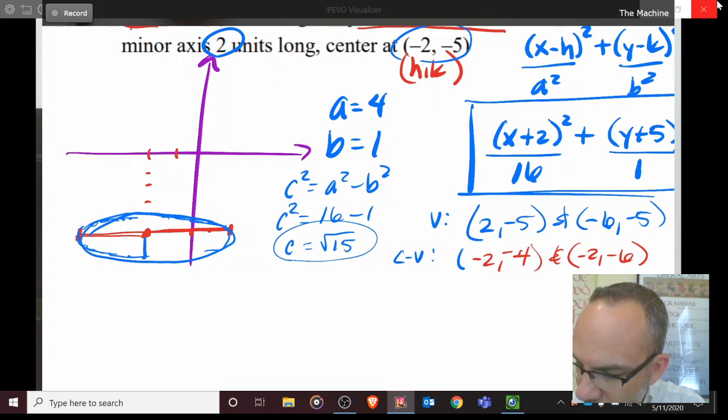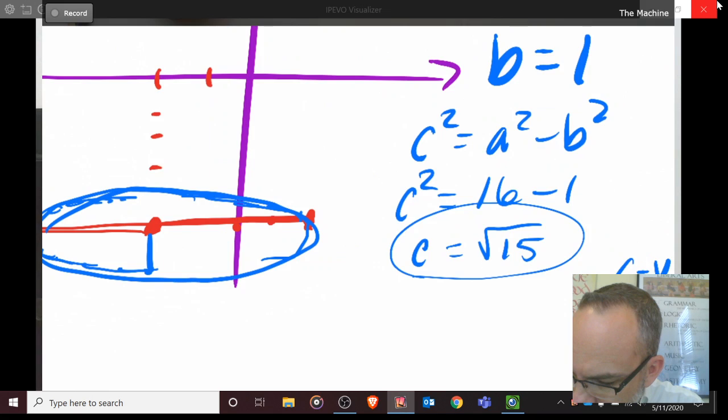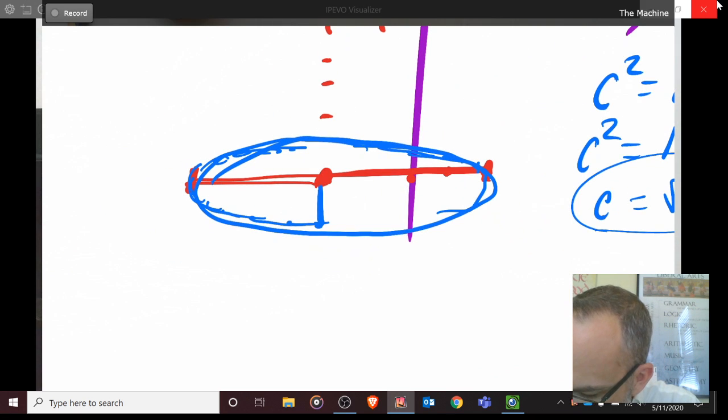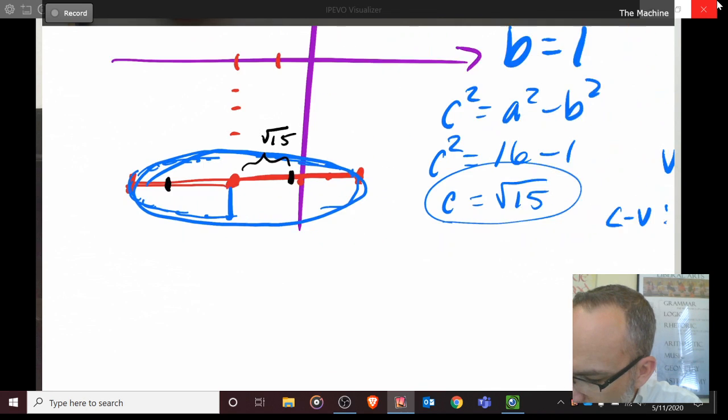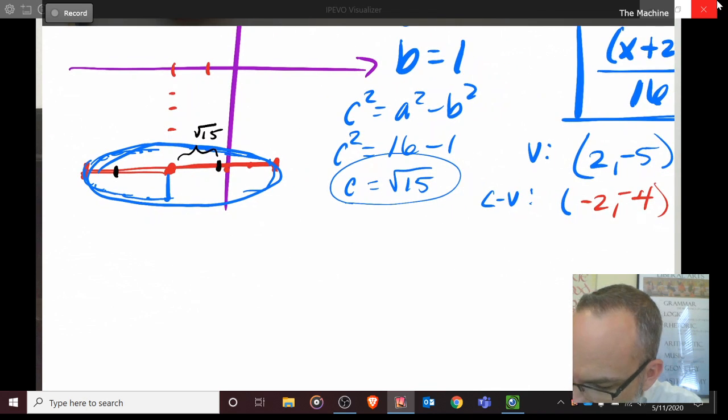But if I go in here now, the foci have to sit left and right of center. And how far left and right of center? The C unit, this distance right here, has to be the square root of 15. So on both sides, also the square root of 15 over there.